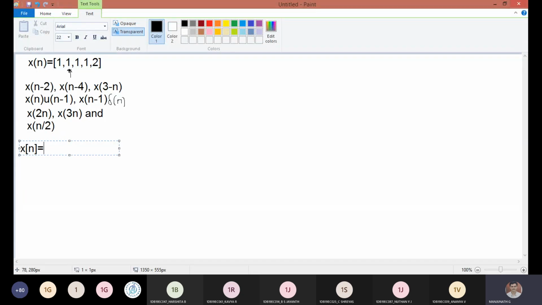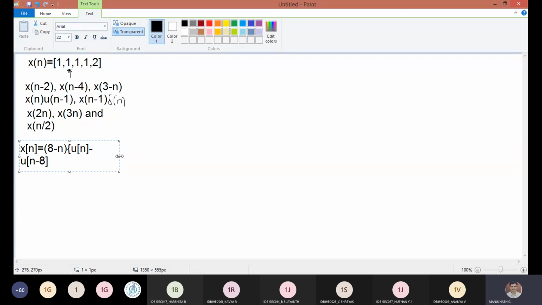So I want answers from your side now, how to sketch such a signal. 8 minus n into u of n minus u of n minus 8. Write in one line. So this is the given x of n.